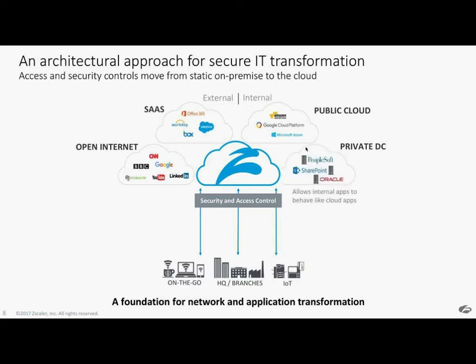And of course, that means accessing all of those applications, whether that are still private applications on your network, Oracle, PeopleSoft, SAP, and also enable you to move those applications from your private data center to the cloud in a secure way that is entirely transparent to the user.